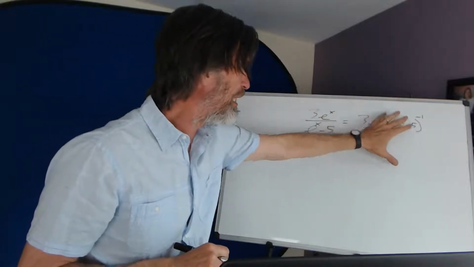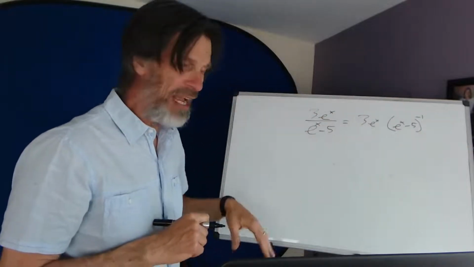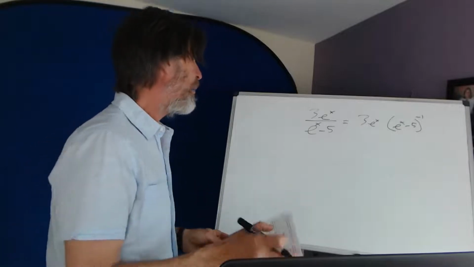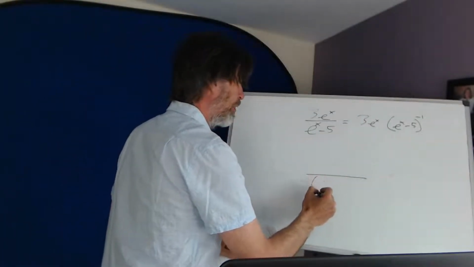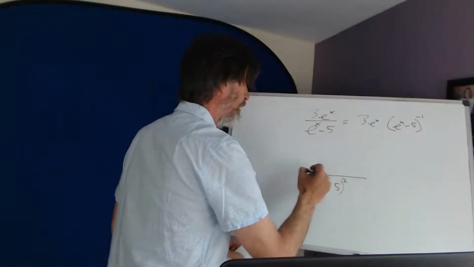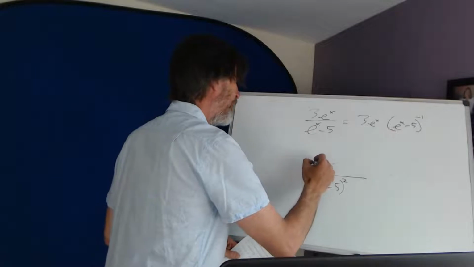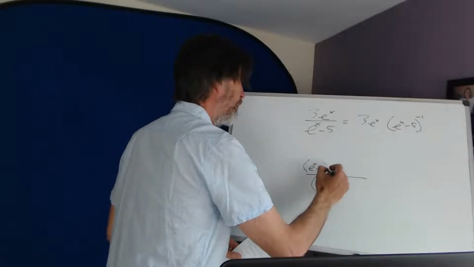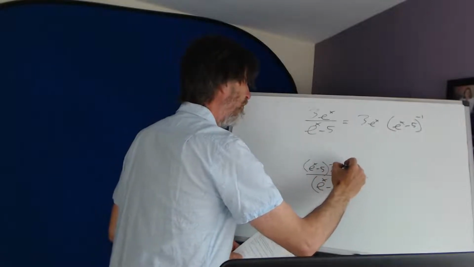So it takes algebra to get it to look like one of those 5 answers on the answer key. So my suggestion is you just do this using the quotient rule. Quotient rule says you take the denominator and square it. You bring the denominator up. You multiply it by the derivative of the numerator.